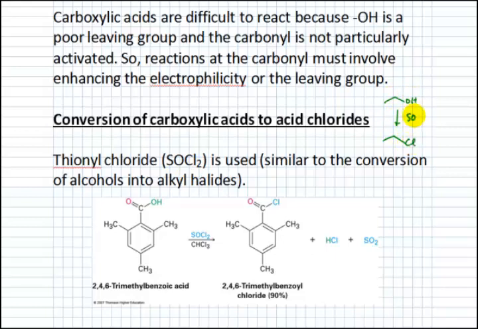We used SOCl2 for that. So the reaction of a carboxylic acid to an acid chloride involving thionyl chloride is the same sort of thing. The OH turns into a Cl, so it's an easy way to remember it as long as you remembered the reaction of the alcohols before.